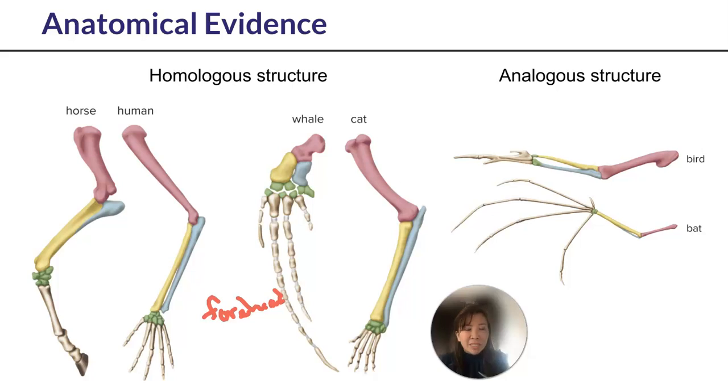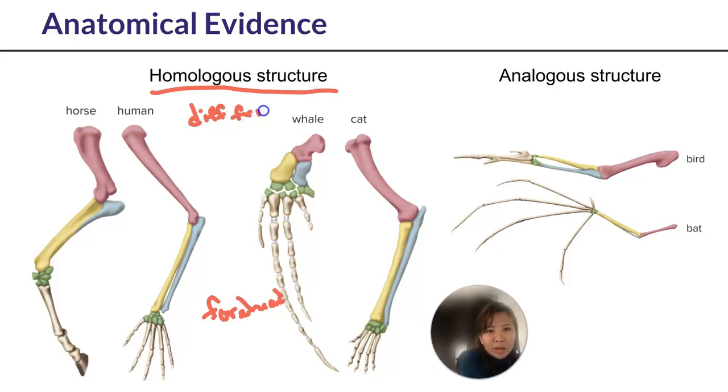So despite the fact that they have different functions, they have very similar structures. So this is known as homologous structure, when the structures are similar despite the fact that they have different functions. So we'll write different functions, right?